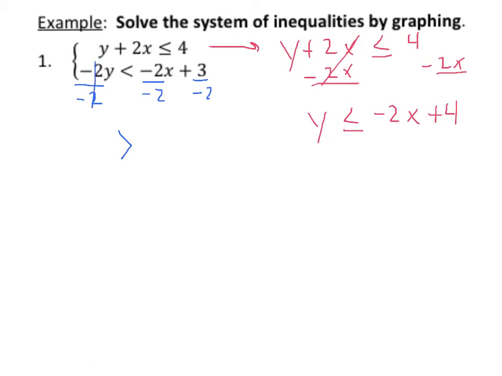The 2's cancel out, leaving y. The two negatives become positive, and 2 divided by 2 is 1, so we get 1x. A positive 3 divided by a negative 2 becomes negative 3/2. Now we have our two linear inequalities in slope-intercept form.